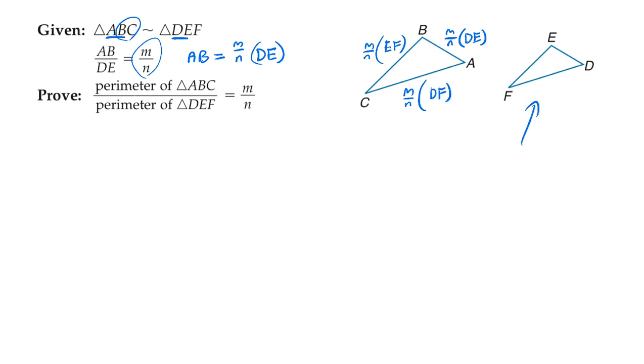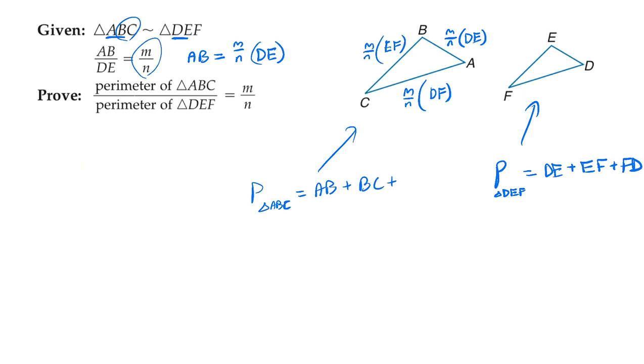Okay, so the perimeter of triangle DEF is equal to DE plus EF plus FD. Okay, and that's just by the very definition of perimeter. And then over here, the perimeter of triangle ABC is equal to AB plus BC plus CA.